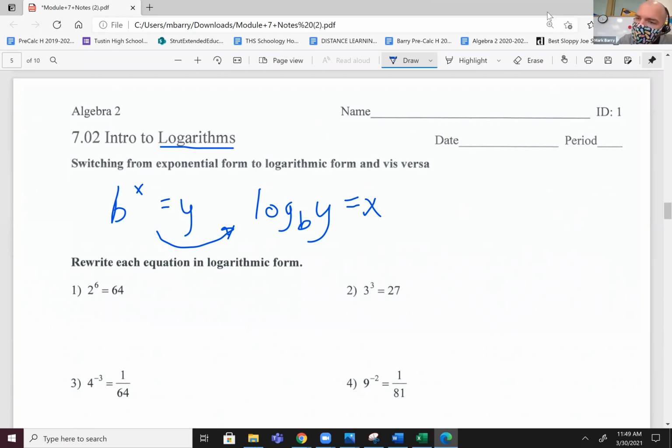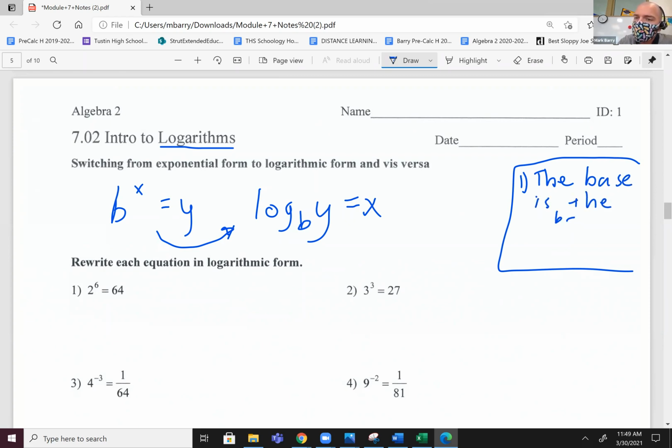Okay, so my keys here, my 2 steps to doing this switch: the first step is the base is the base. I know that sounds redundant, but the base kind of means something in the 2 different forms, but it's the same number, the same variable, the same aspect of it, okay?